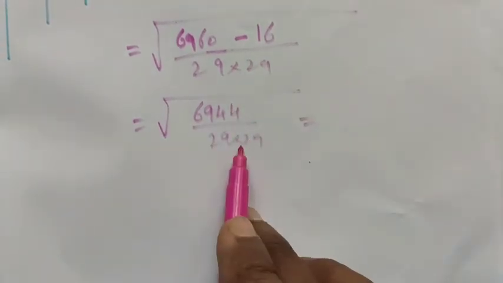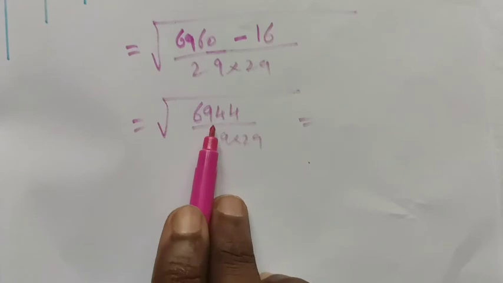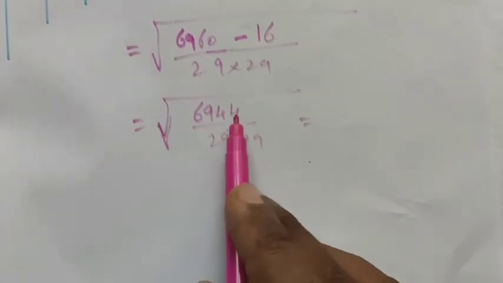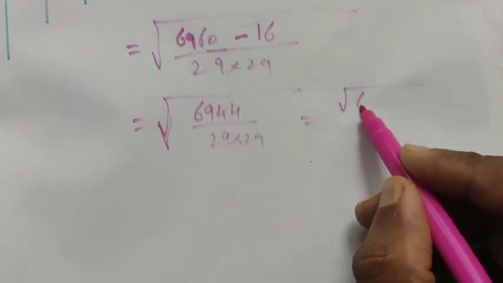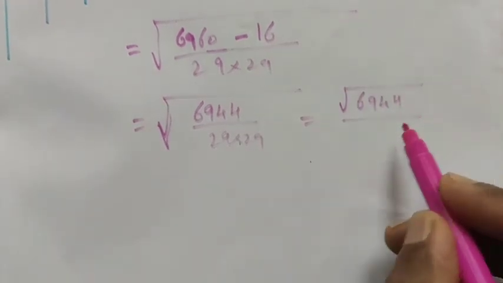The root applies to both the numerator and denominator. In the denominator, the square root of 29 into 29 is 29. So we take the square root only for the numerator, 6944, divided by 29.